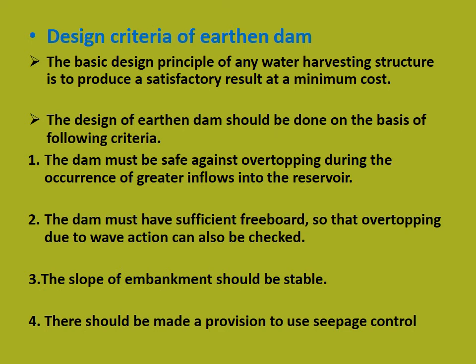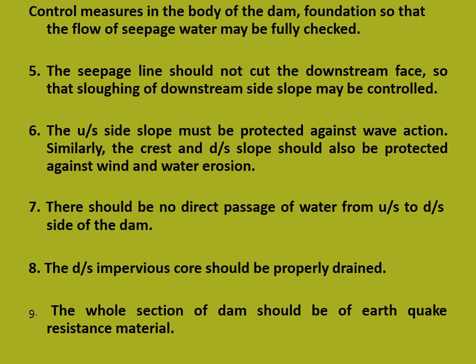The next criteria is that a provision should be made for seepage control measures in the body of the dam and foundation so that the flow of seepage water may be fully checked. The seepage line should not cut the downstream face so that sloping of the downstream side slope may be controlled.